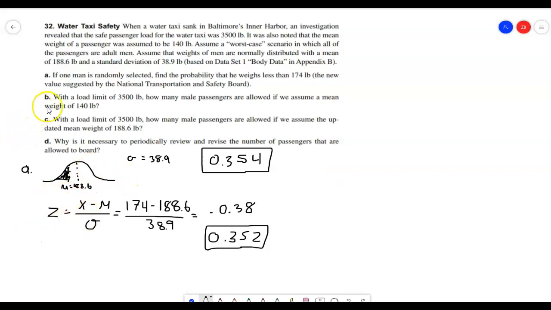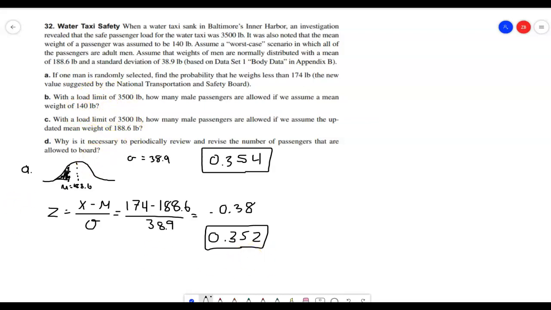All right, B says, with a load limit of 3,500, how many male passengers are allowed if we assume a mean of 140 pounds? Well, that's not a whole lot of statistics we have to do. That's just kind of a division problem, right?